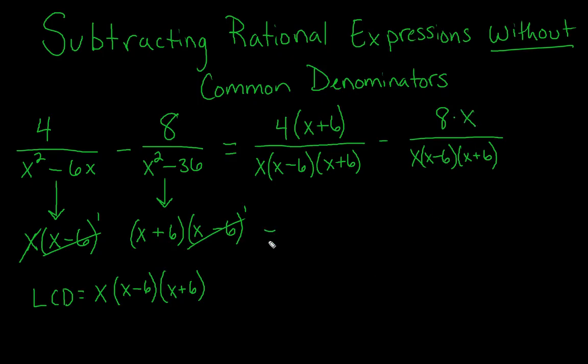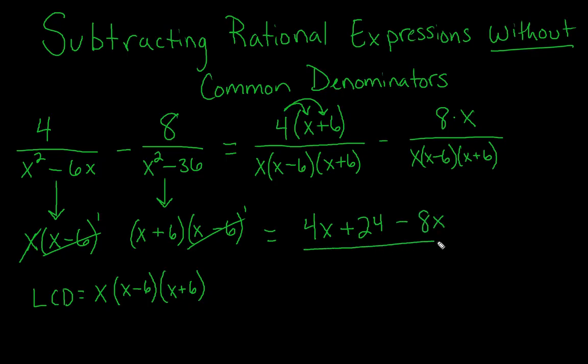All right. From here, we can distribute this out. We've got 8 times x, no, 4 times x plus 6, so that gives us 4x plus 24. But now remember, it's minus 8x. Remember to distribute this negative to all the terms in the numerator. So if there was another term in the numerator, we would need to distribute the minus to that as well and subtract all those terms. But we just have the one, so it's minus 8x.